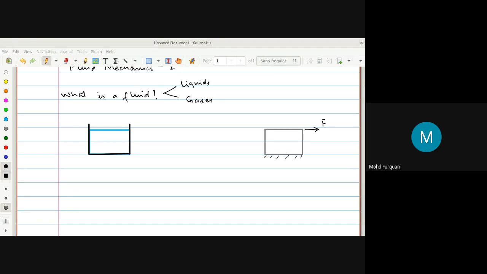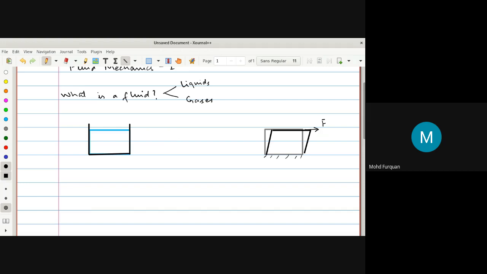It will deform under application of force. It will look something like this. So if you apply a force tangentially, that force will shear this solid.